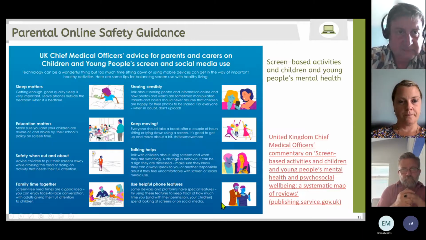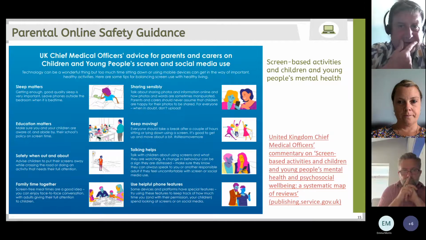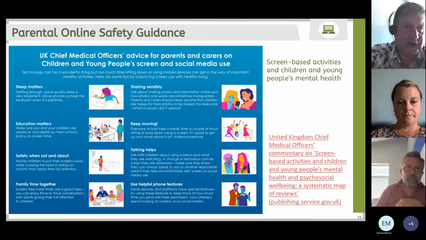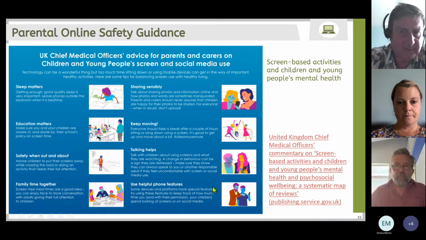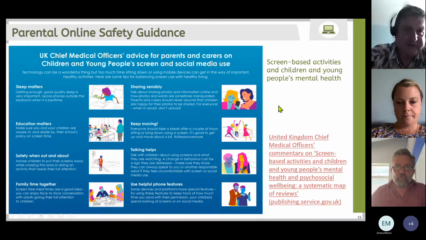What else have I come across? This is the same sort of thing, following on from that, about screen-based activities and young people's mental health. Again, just a bit more information about the amount of screen time if it's a concern for parents.